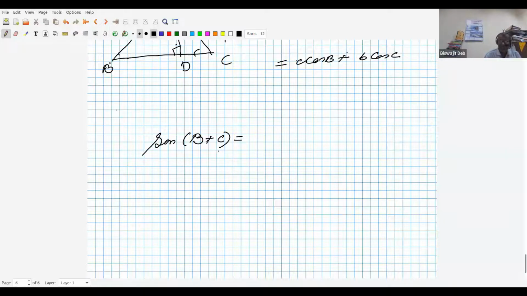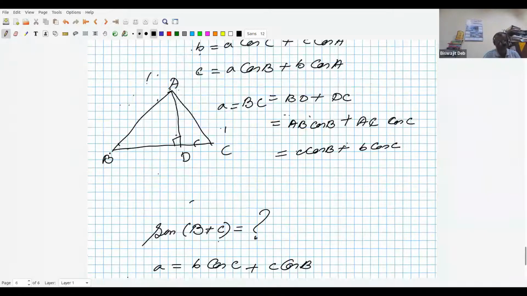This is what I want to know. Since a is equal to b cos C plus c cos B, we can write from here.